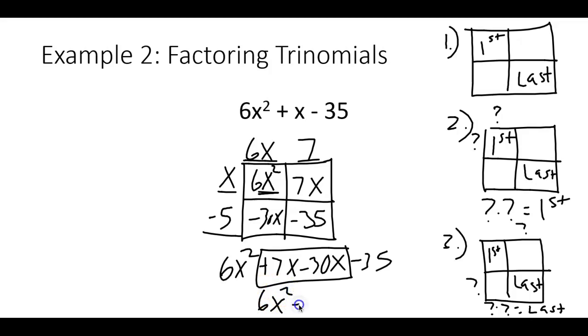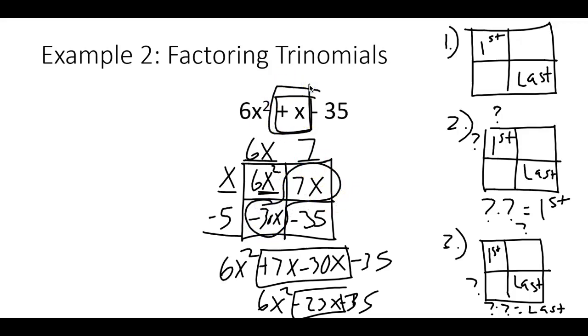If I add those together, I get negative 23x minus 35. Well, that's not what I want in the middle, okay? So basically what we need to do is find the right combination that makes these two numbers on the diagonal add up to make this middle number, okay? And negative 30 and positive 7 isn't going to do it.